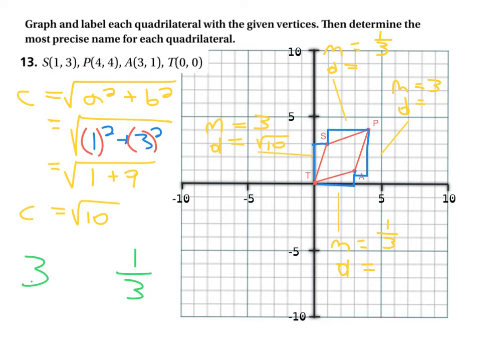So we know that we have all 4 side lengths equal, and that's good for us. That means that we have a rhombus, but nothing about their slopes is helpful to categorize it any further than that. So what we have then, and let me write it in here, is a rhombus. That's the problem. Hopefully you're getting the hang of it.